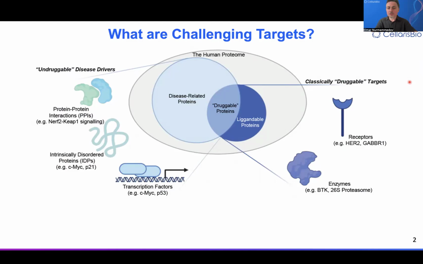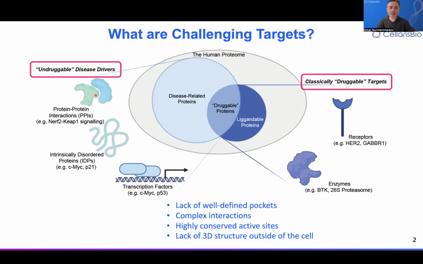Now, what are challenging drug targets? In comparison to the classical textbook examples of druggable targets such as receptors and enzymes, the undruggable or challenging drug targets come with a set of challenges. We know that these targets lack well-defined pockets, which is necessary for classical pharmacology.